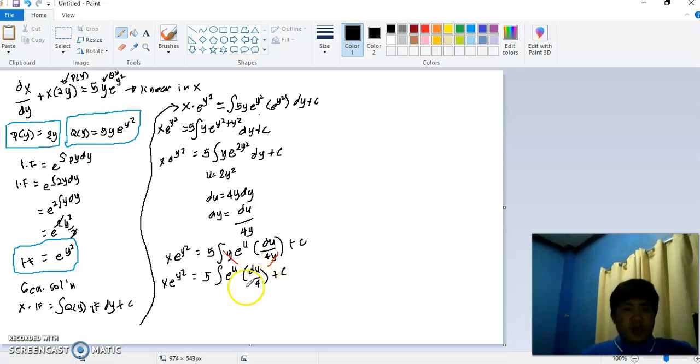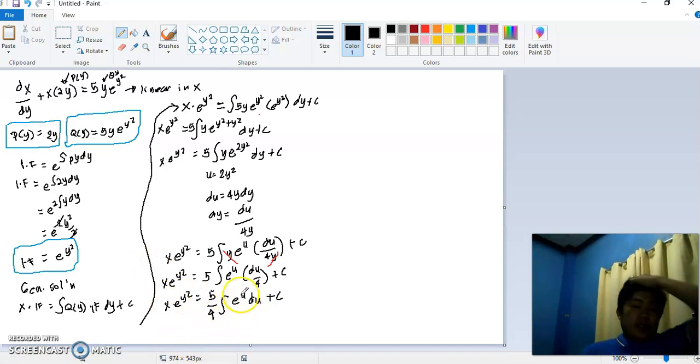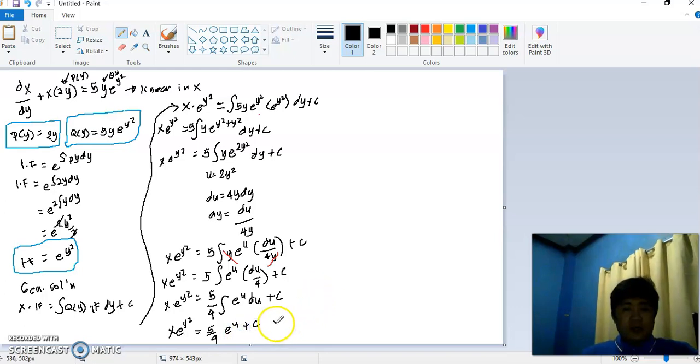We can move the 1/4 outside the integral sign, so you have 5 over 4, integral of e to the u du plus c. We know that the integral of e to the u is still e to the u, so x e to the y squared equals 5 over 4 e to the u plus c.